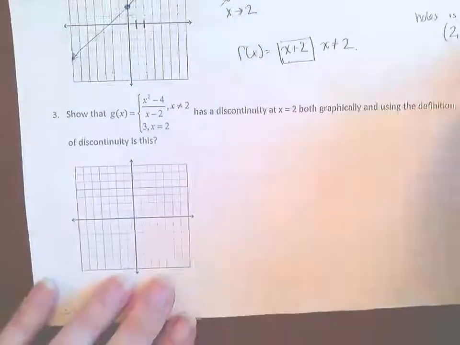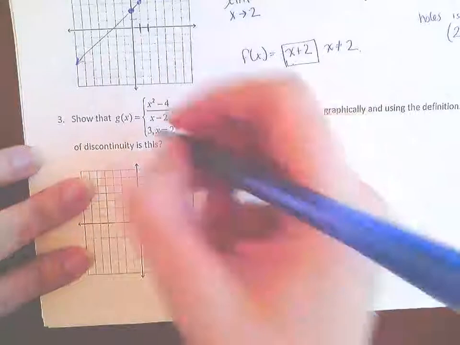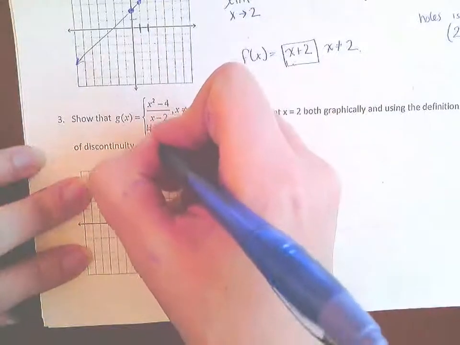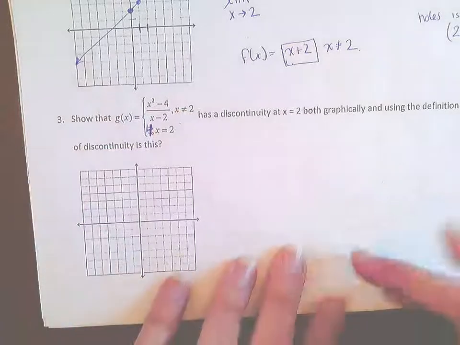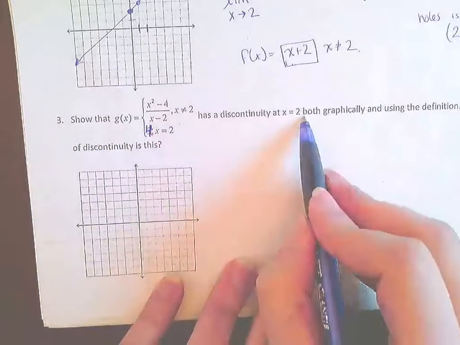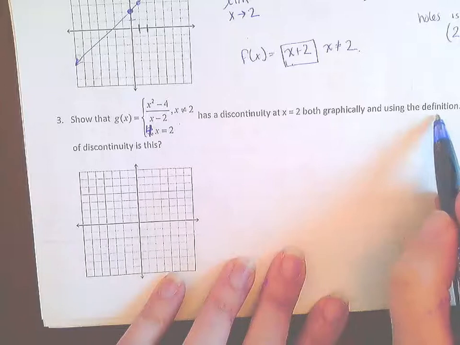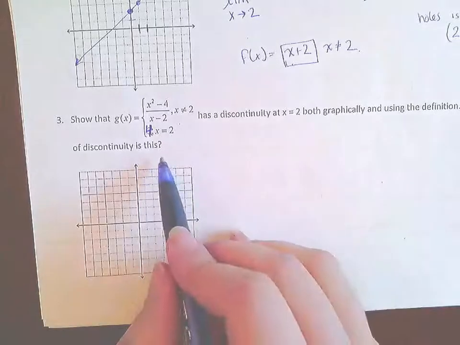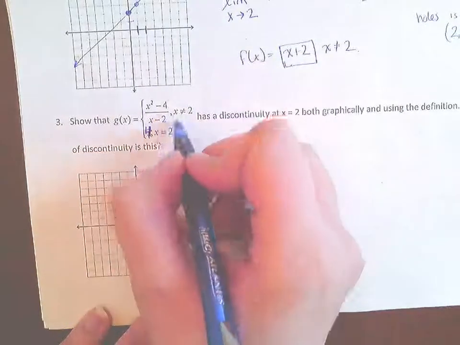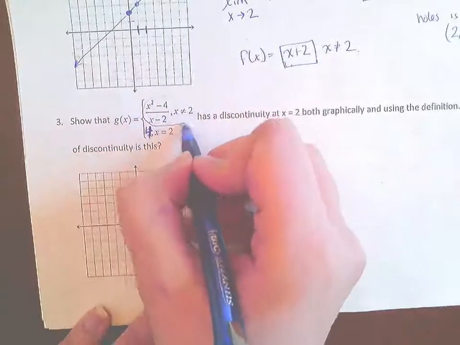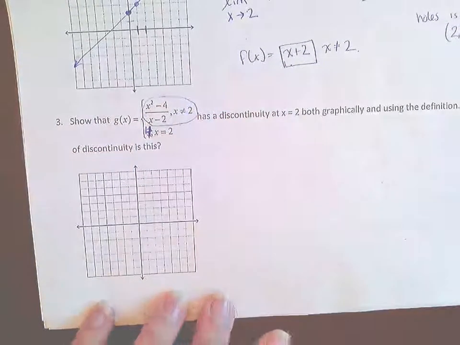Now this next example is basically a continuation, but I do need you guys to fix something. This should not be a 3, it should be a 4. Okay? So show that this has a discontinuity, both graphically and using the definition, what type of discontinuity this is. It's the exact same thing. You can tell that this part right here is the exact same thing. It's just the way that we notate it.